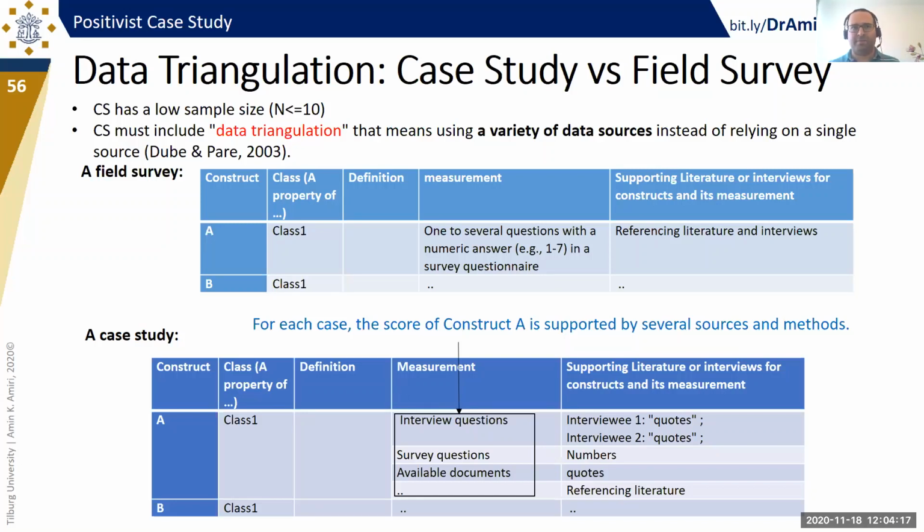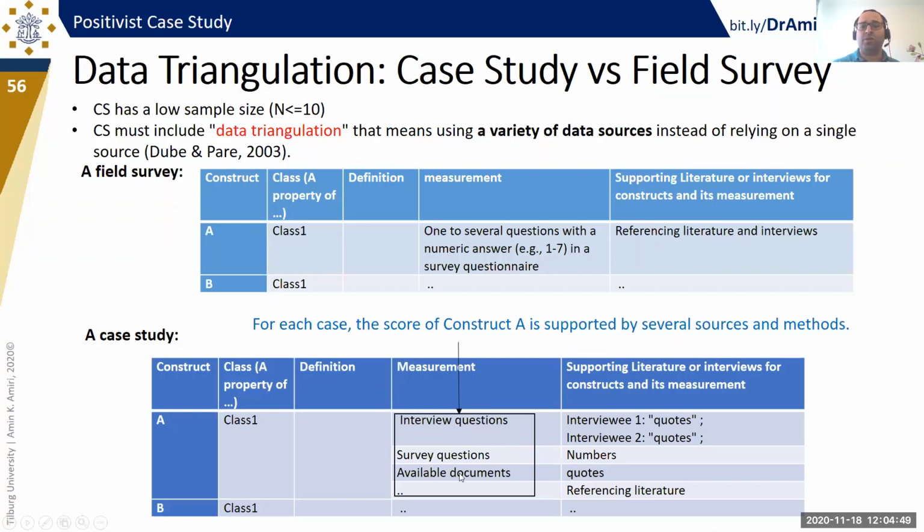That means that, for example, in a case like case A, for construct A, you have found that the score for a construct is 1 out of 7, for example, or 3 out of 7. You shouldn't just be satisfied with the answer to that interview question to give a score.